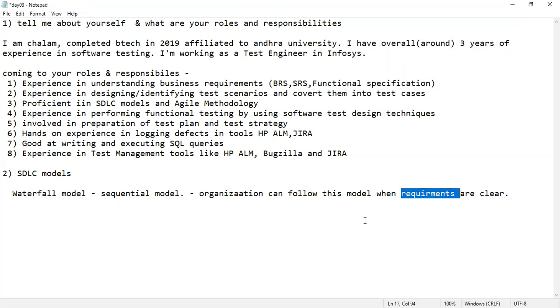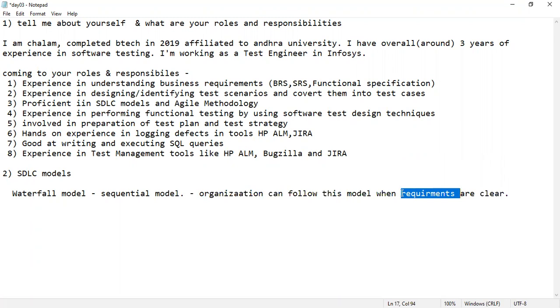What is requirements? Necessary information. Yeah, user needs, user requirement. We call it information or data or functionalities or features or stories or epics.